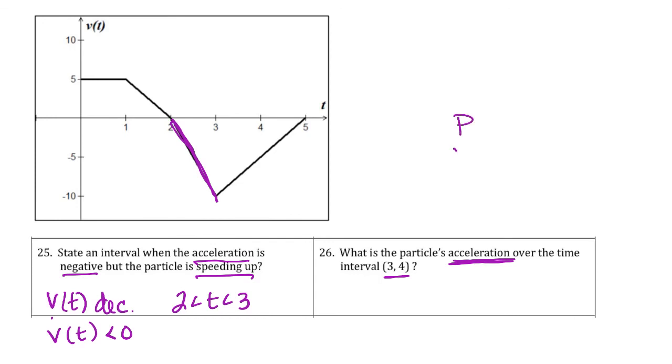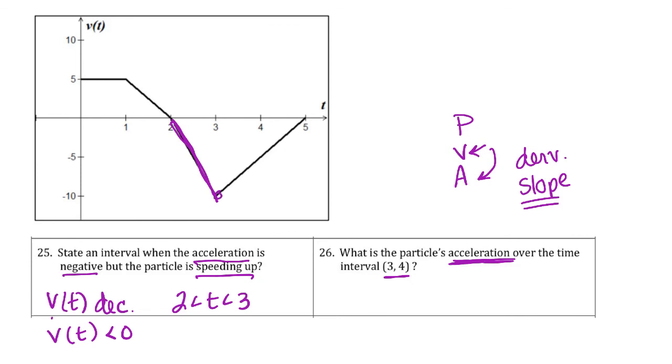So let's go back to this PVA business. So for PVA, position, velocity, acceleration, we have velocity, and we want to get to acceleration. So we need a derivative here, which means that we need a slope. So we're just finding the slope of this line.